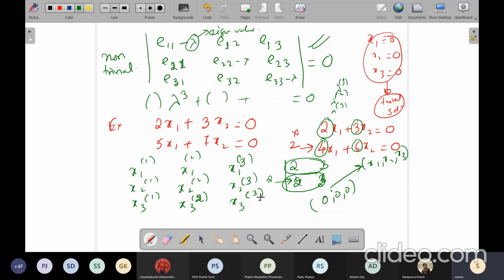So what is the hallmark of these 3 vectors? By these 3 vectors, you have represented a unique directionality of this rate of deformation.